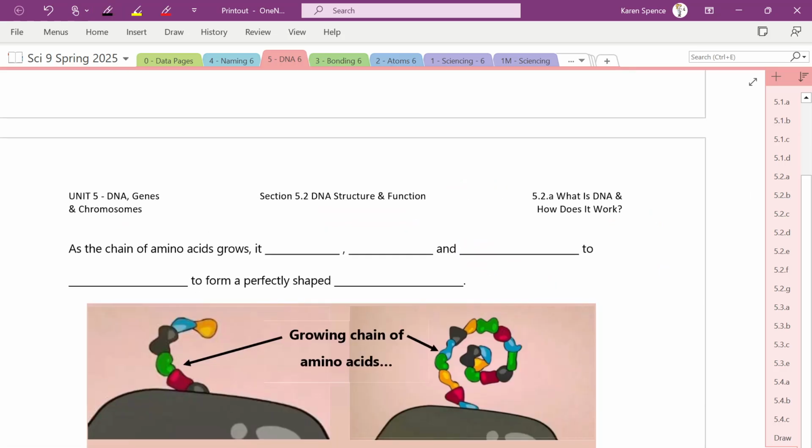Okay. As the chain grows, it folds. What does it do? It bends, coils, and sticks.